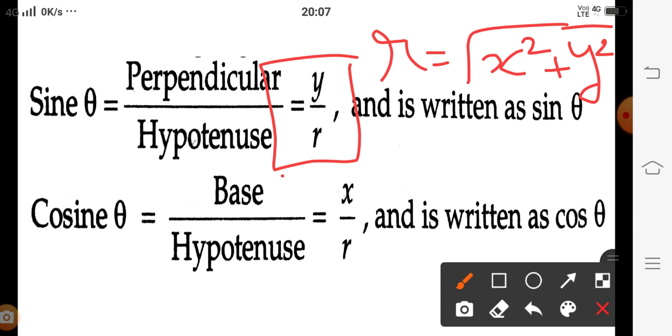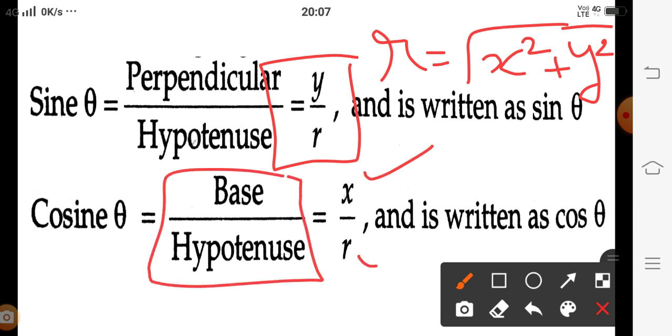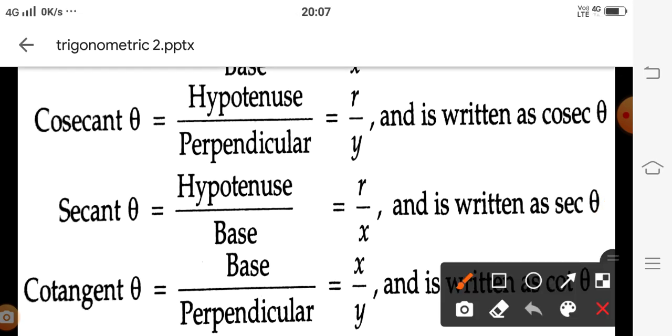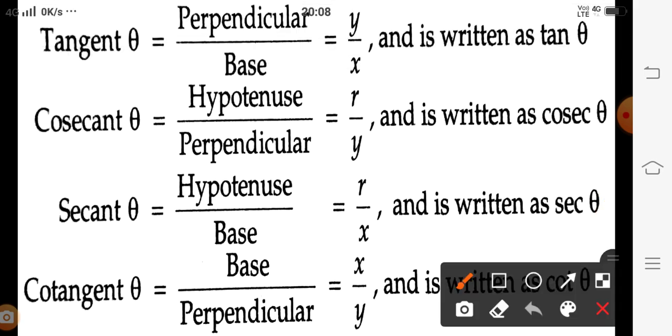Then cosine we are getting as base upon hypotenuse. Base we have x, hypotenuse we have r, and cos theta is equal to base upon hypotenuse. Then tan theta we know, tangent theta is equal to perpendicular upon base, means y upon x we are getting.